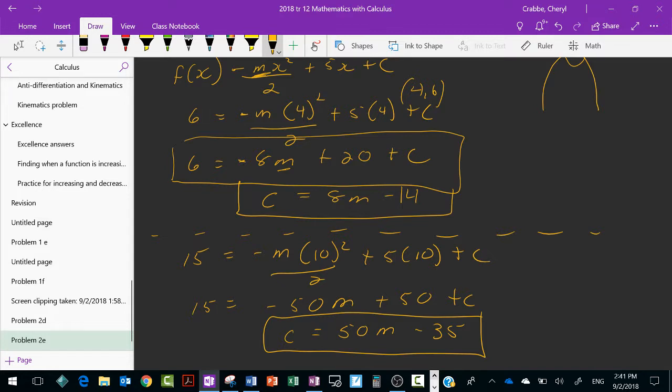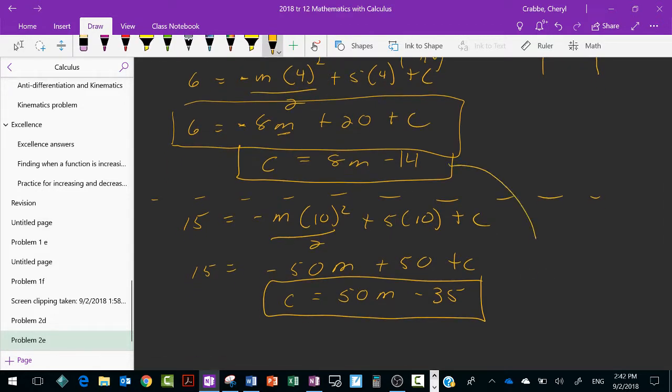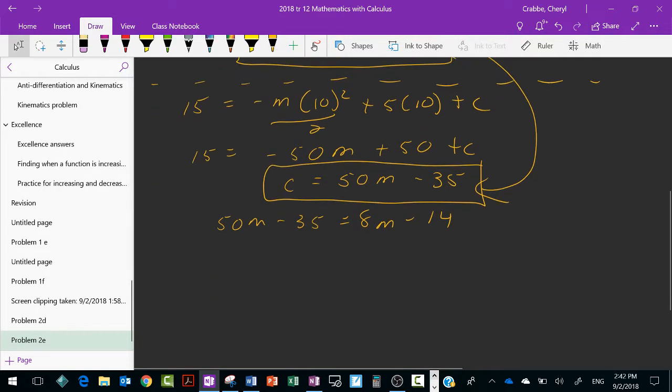Now we can see that we can do simultaneous equations, because we've got c equal to 8m minus 14 and c equal to 50m minus 35. So I can just substitute in: 50m minus 35 is equal to 8m minus 14. Simultaneous equations, very handy. Then I can solve this and I'll get 42m is equal to 21, and m is 0.5.